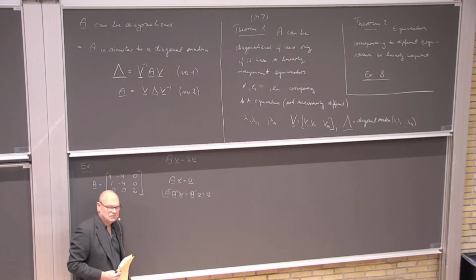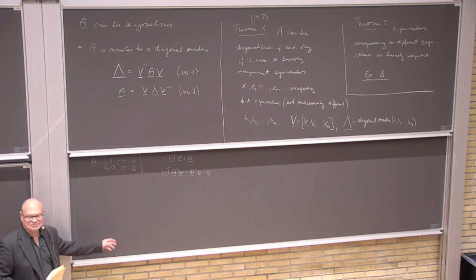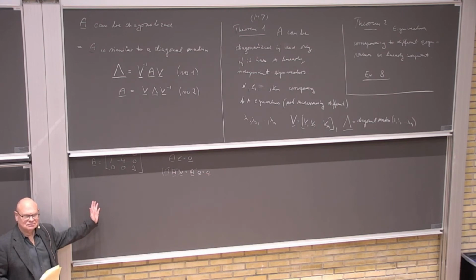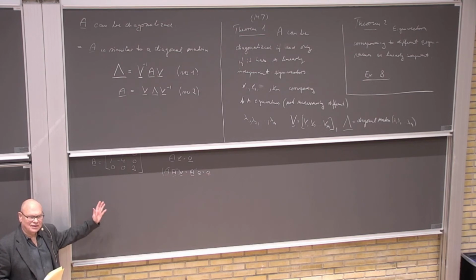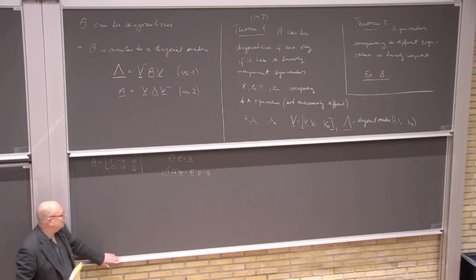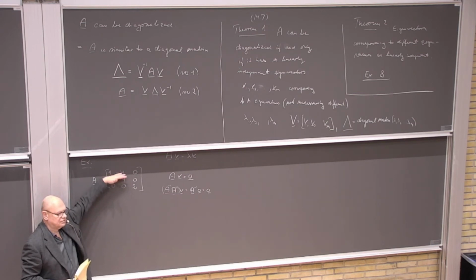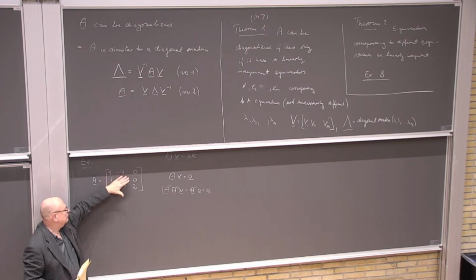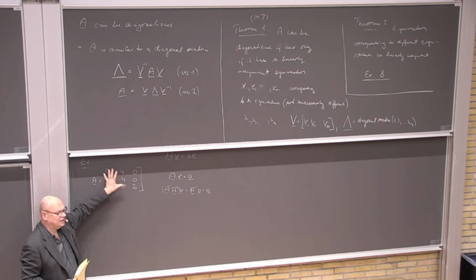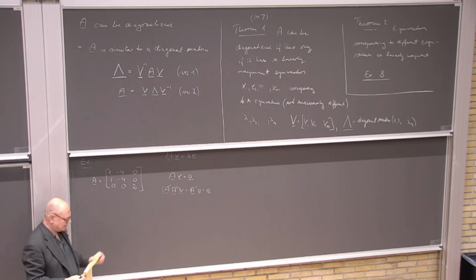Is A regular in our case? No, it's singular. And what is the condition of singularity? If for instance you have two rows that are proportional, then it's singular. Another way of saying it is that the determinant is 0, and it is in this case.